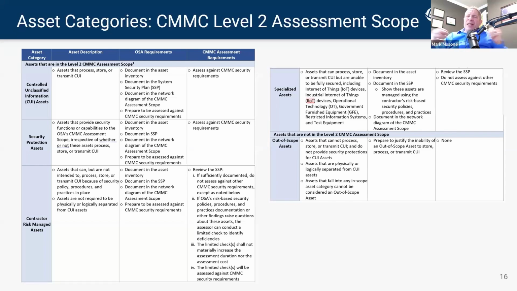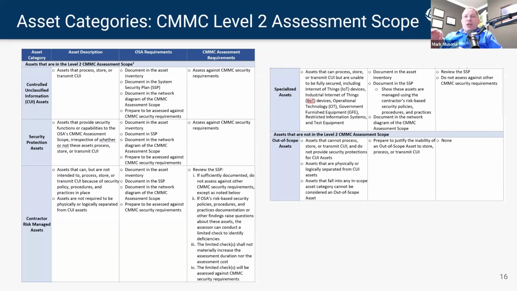If an asset is not intended on handling CUI, but it is not physically or logically separated from CUI assets, meaning it is sitting on the same network as CUI assets, then it needs to be documented in the asset inventory, the SSP, and the network diagram, and it needs to be prepared to be assessed against CMMC requirements. However, it doesn't have to be assessed against the CMMC security requirements.